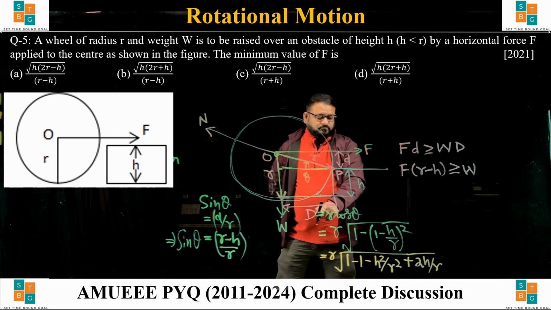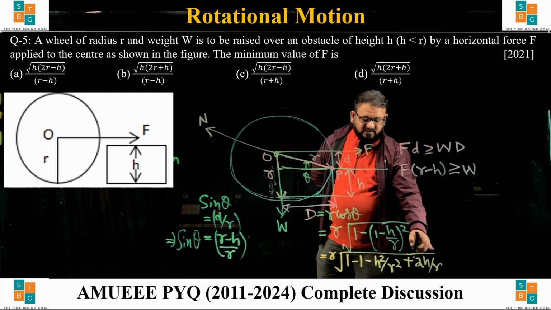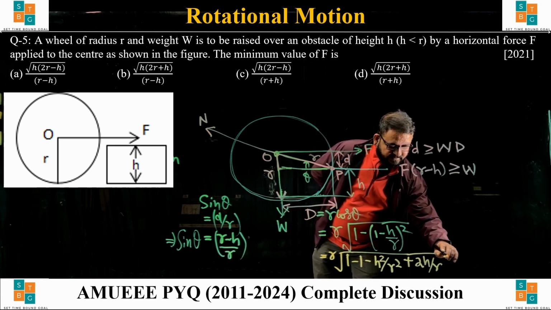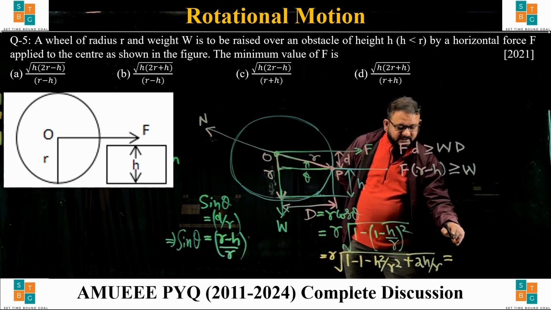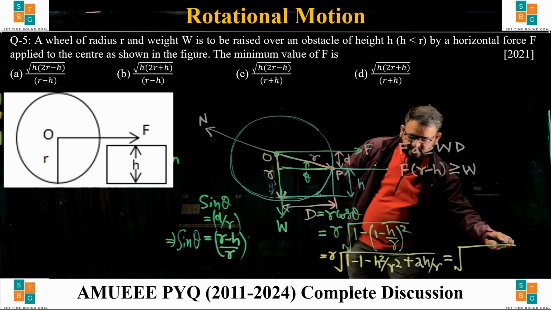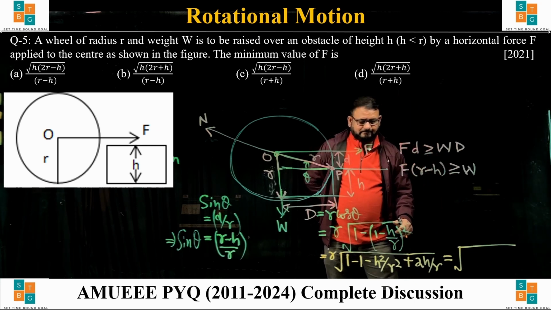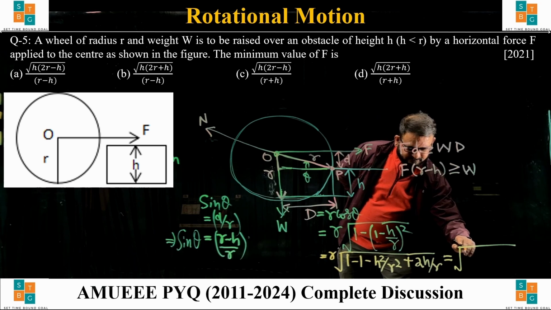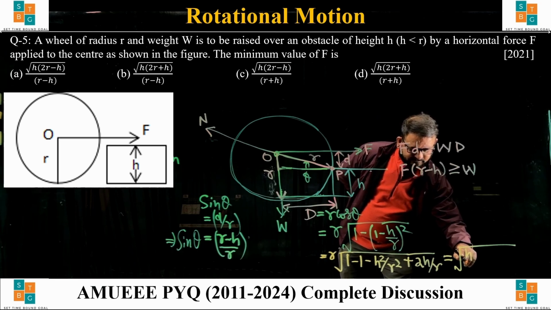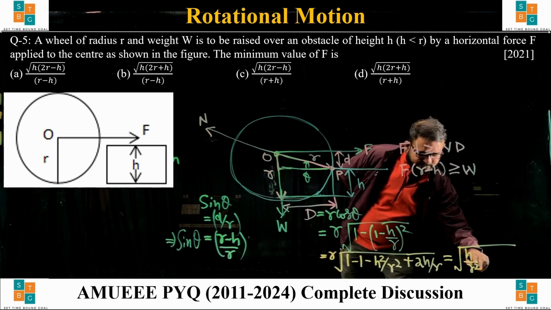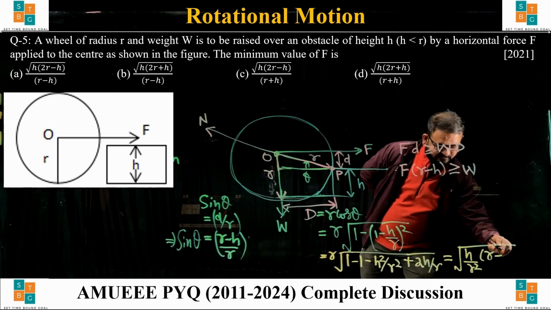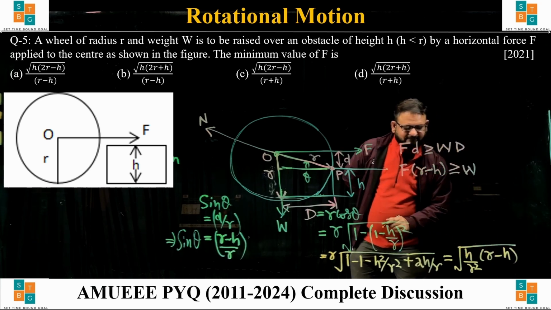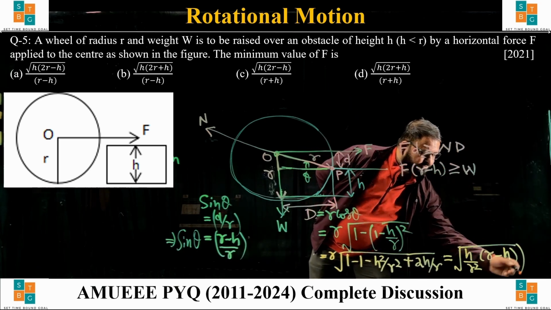Right, so you can clearly see in this we can take the small r square outside and we will get a square root, and outside there is r.